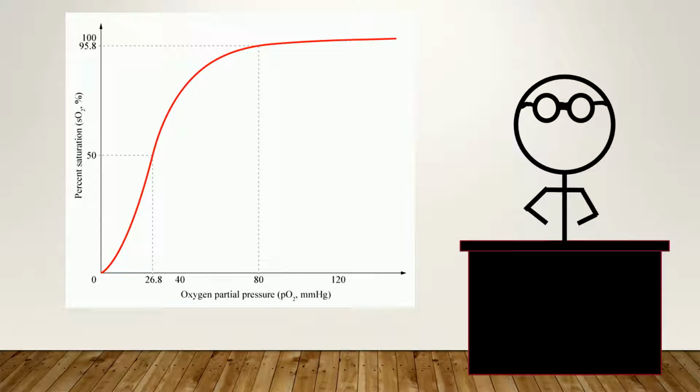The reason we measure both of these together is because there's a relationship between the oxygen dissolved in the blood, the PO2, and the oxygen saturations, and this is expressed in the oxygen dissociation curve that you can see here. You can see that at a certain level of PO2, the oxygen saturations are a certain level, and this is mostly related to the binding properties of hemoglobin itself.